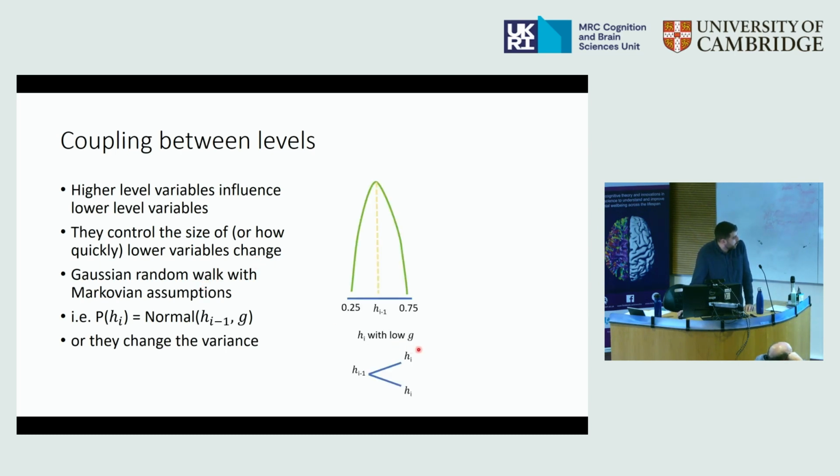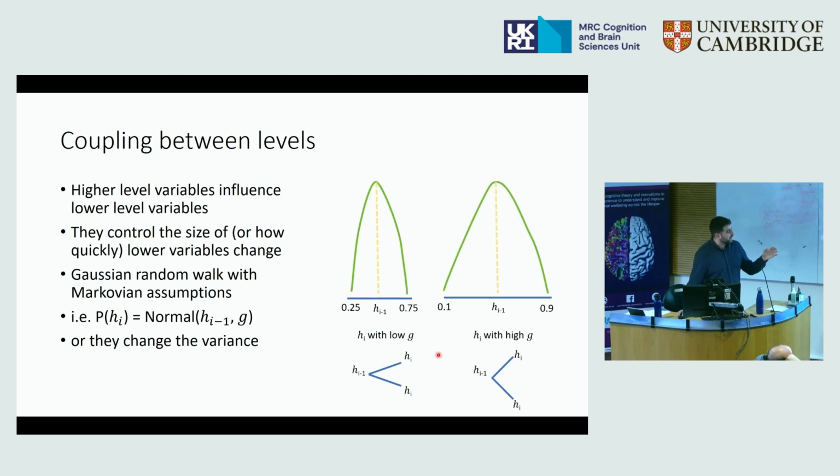here we've got the range of values that h_i can take, and the mean of this distribution, as it were, is the value of the hidden state at the previous time step. But with a low value of g, the vertical steps that the hidden state can take are quite small.